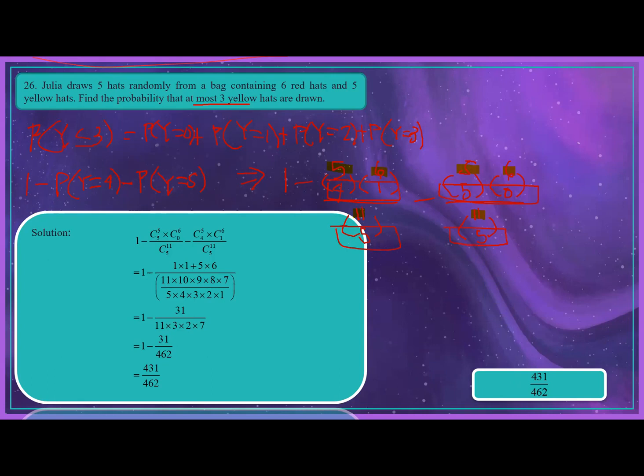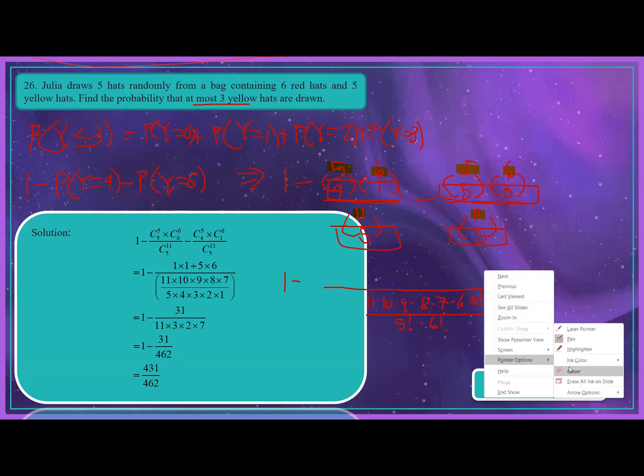After that, the challenge here is the simplification, so be careful. The bottom is 11 choose 5. That's 11 times 10 times 9 times 8 times 7 times 6 factorial over 5 factorial times 6 factorial.